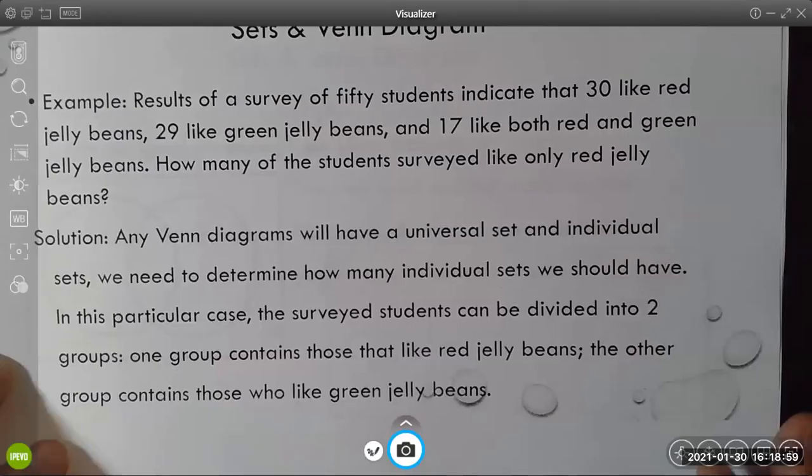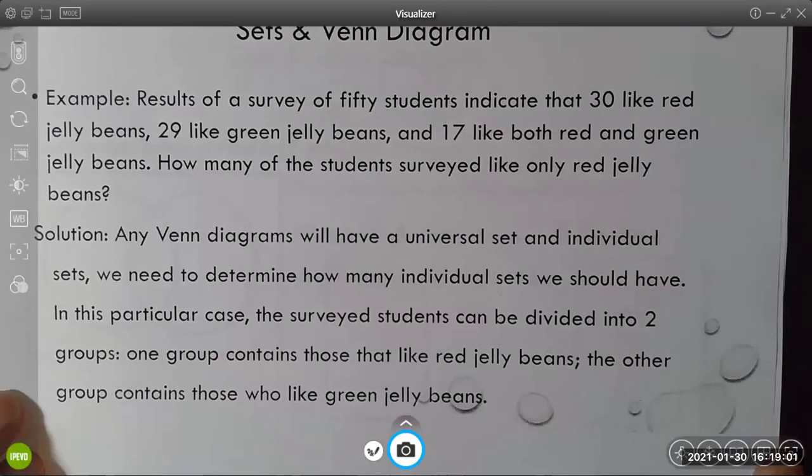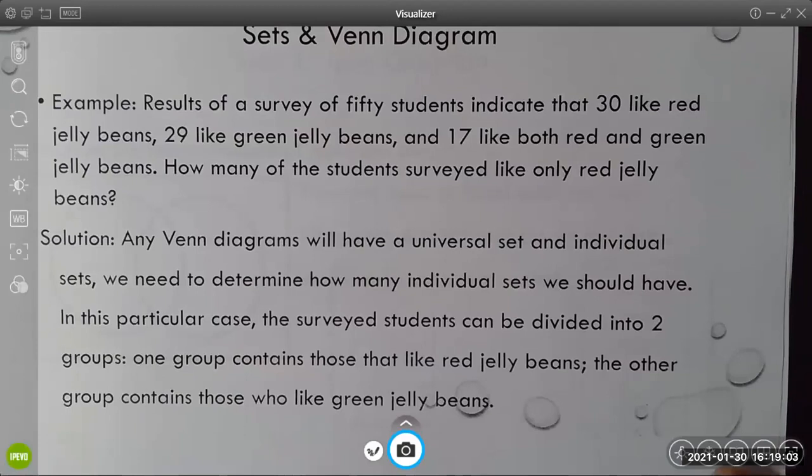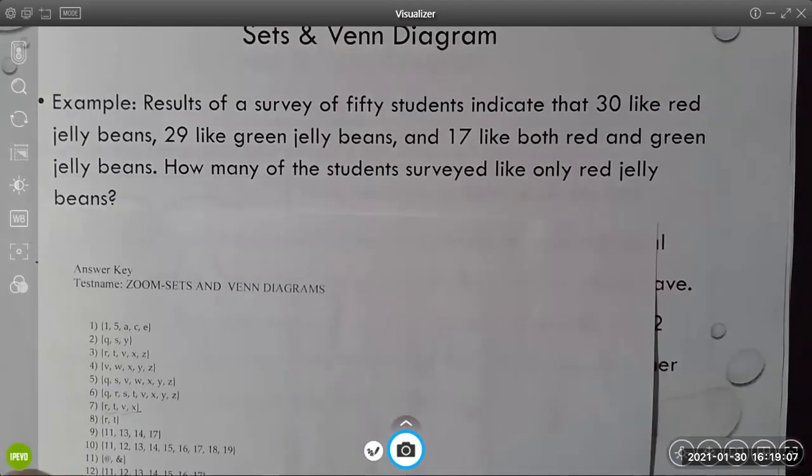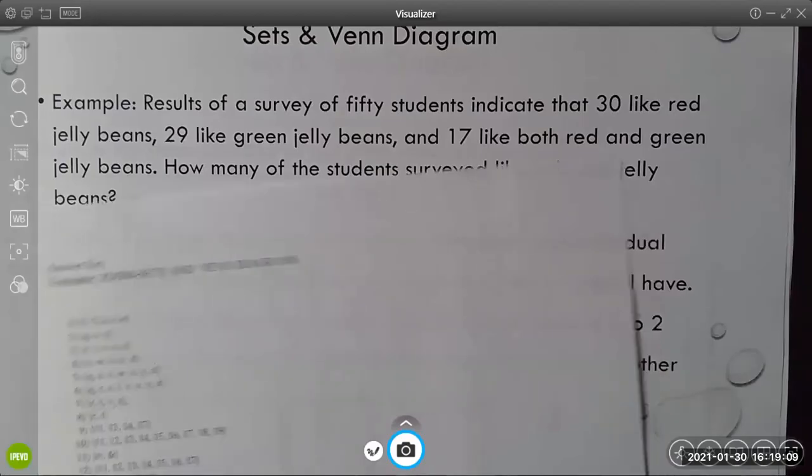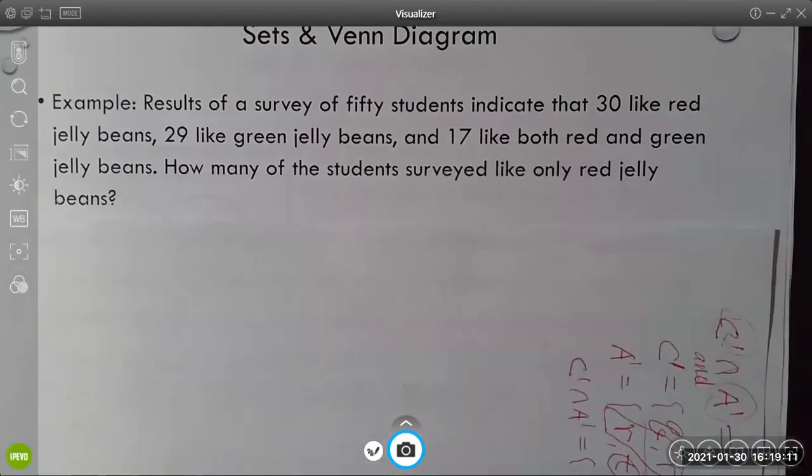Now, here is a description, as an example. The results of a survey of 50 students indicate that 30 like red jelly beans, 29 like green jelly beans, and 17 like both red and green jelly beans.